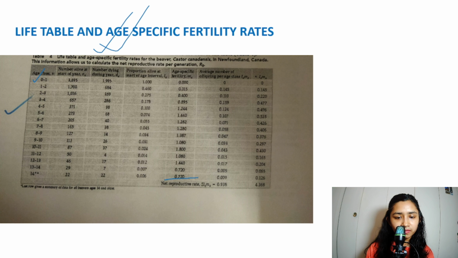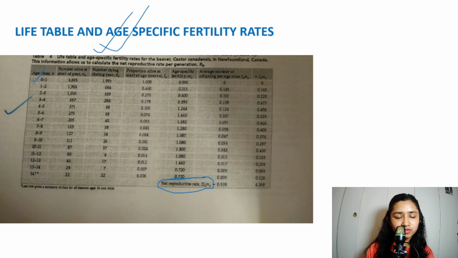It is the same data, just one more parameter we need to take out, which is net reproductive rate. Here age class X, the number alive, NX, at the beginning of each year, number dying DX, and proportion alive, which is LX, as I told you, equal to NX divided by N0, the proportion surviving or survivorship.